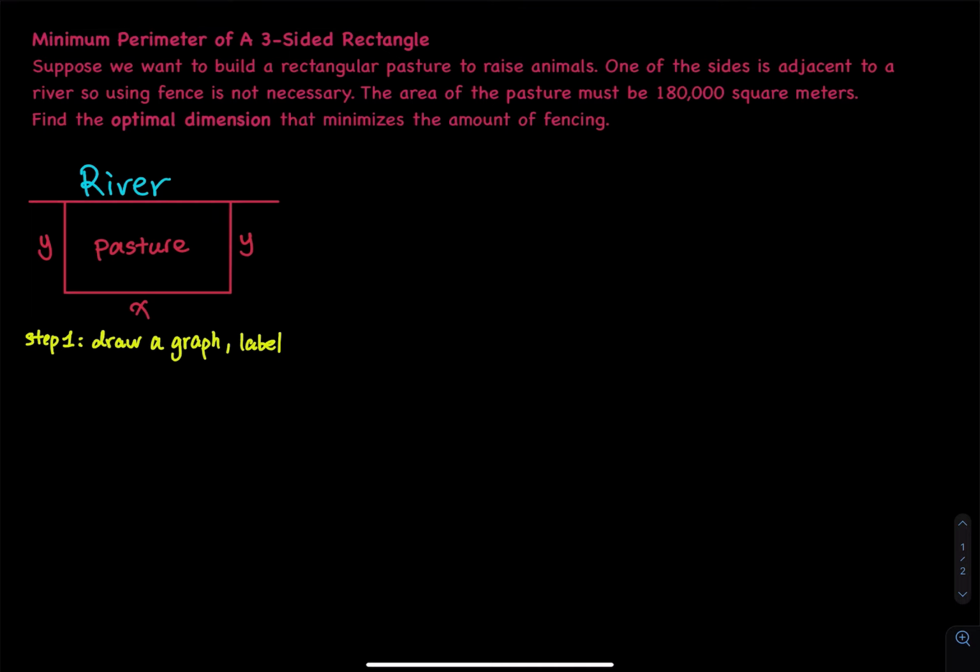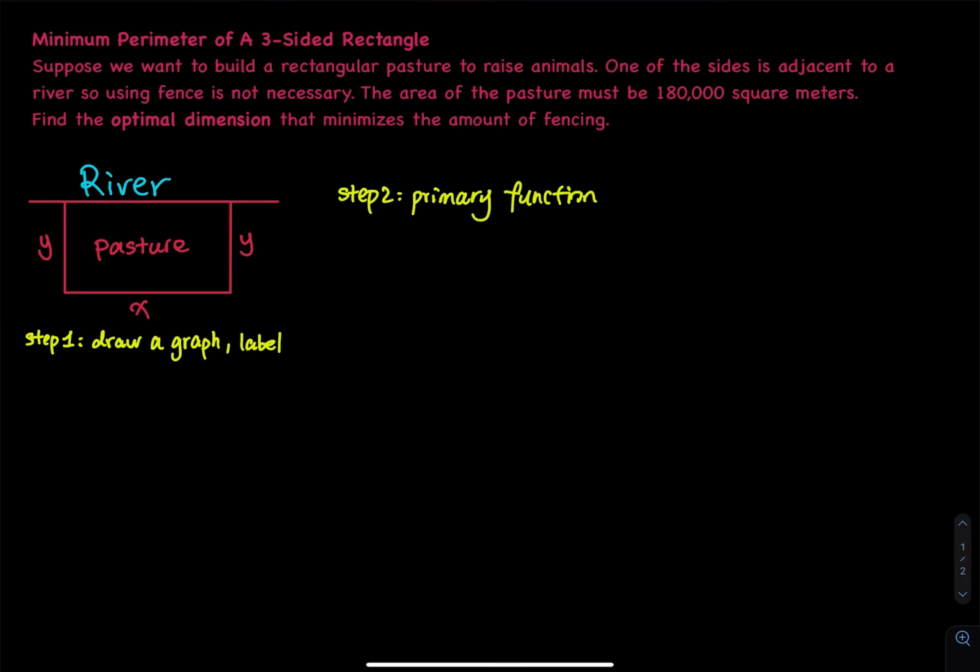Step 2 is you have to figure out a primary equation. I will just call this a function. What is primary? Primary is, what are you trying to answer? The question is to minimize the amount of fencing.